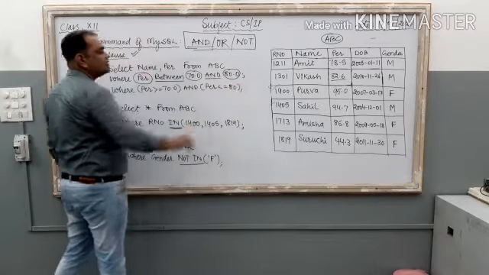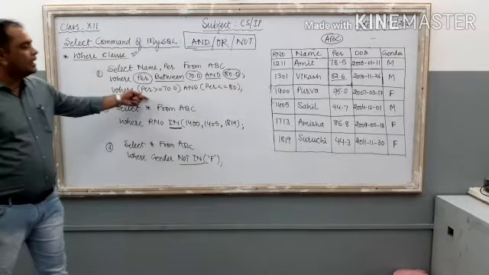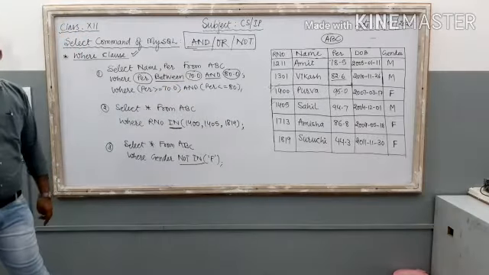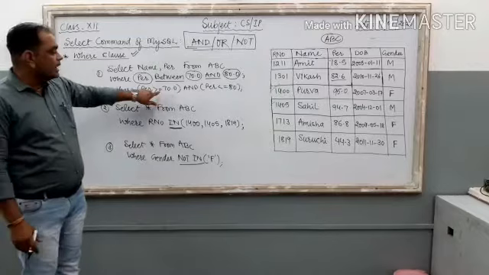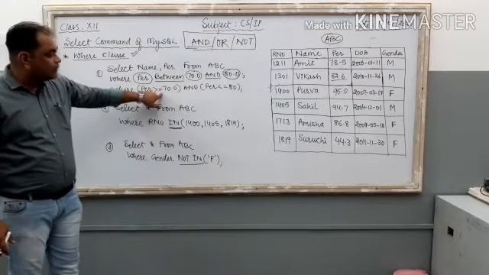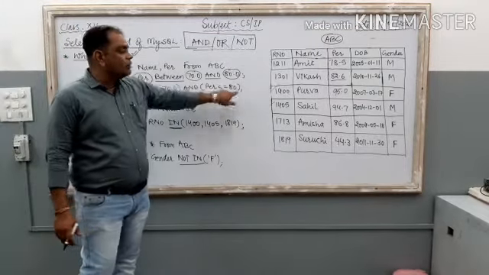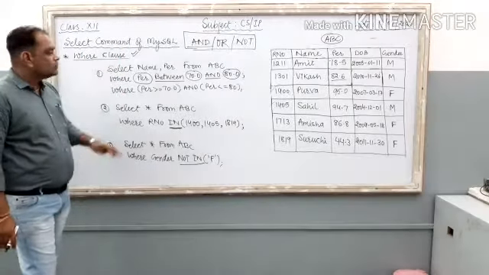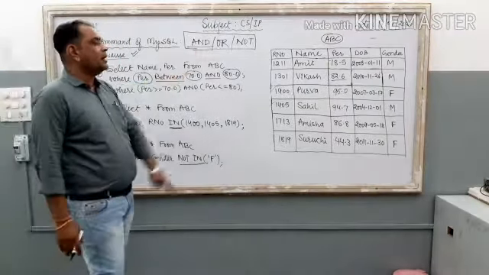Both the commands are same. So while seeing this particular line, you can understand the concept of between and, right? Both the values are included, greater than or equal to 70, less than or equal to 80. The result of both these commands is the same. Clear? So it is the between and operator of MySQL.